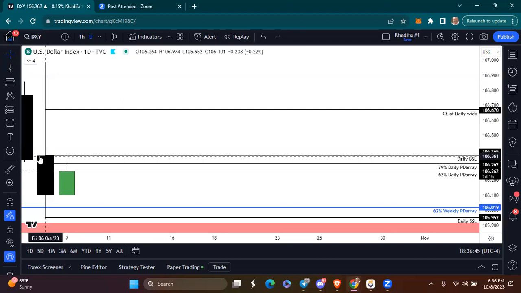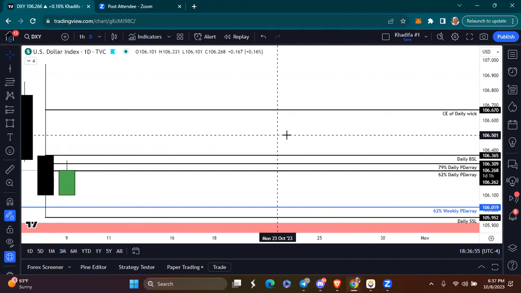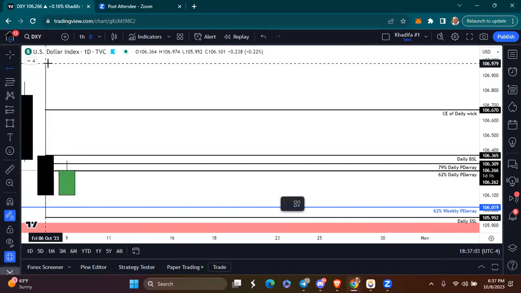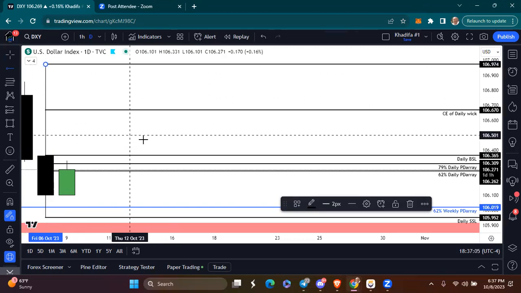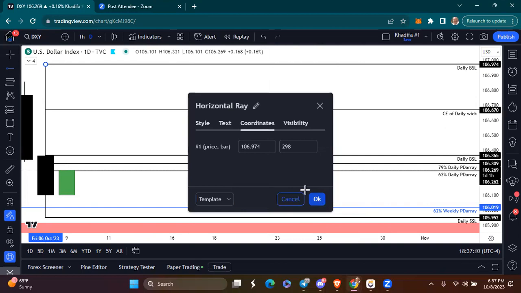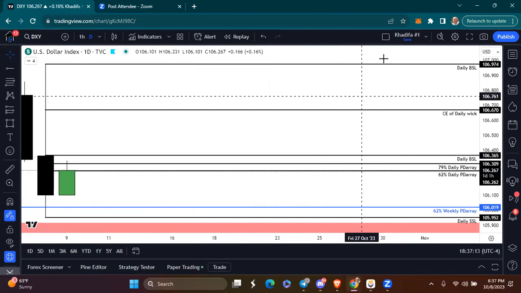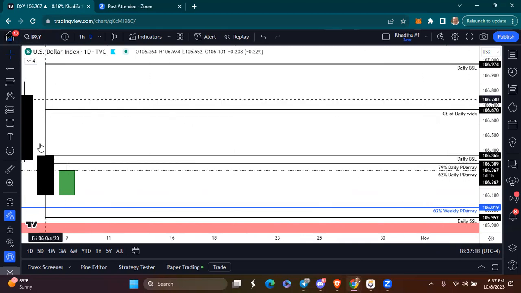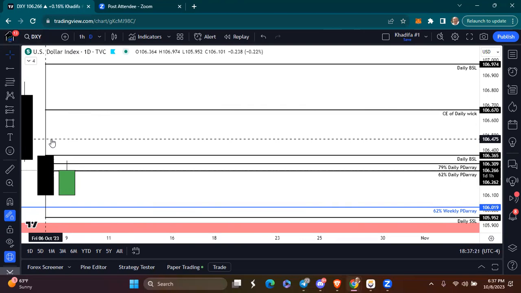I took my fib from the open to the close and slapped the daily PD array levels on there, and I put the daily sell side liquidity on there. I didn't put the daily buy side liquidity on there, so let me go ahead and put it on. Okay, daily buy side liquidity, and consequent encroachment of this daily wick from Friday's price action, right?